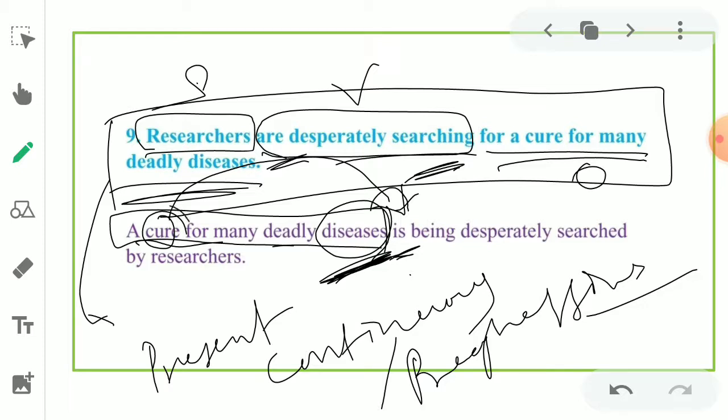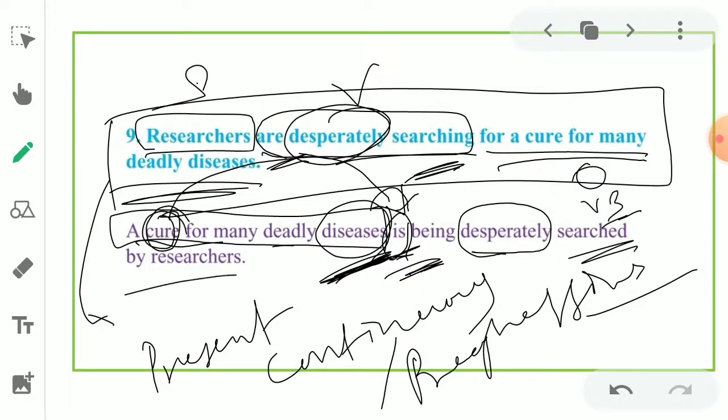Because of the singular a cure, I took is as the helping verb. After the helping verb, you have to take being. After being, take desperately, which is given here as an adverb, being desperately. Then you can take the V3 form of the main verb, searched, by researchers. Researchers is used as the agent and is placed after the V3 form. Keep in mind. In this way, the statement is ended.